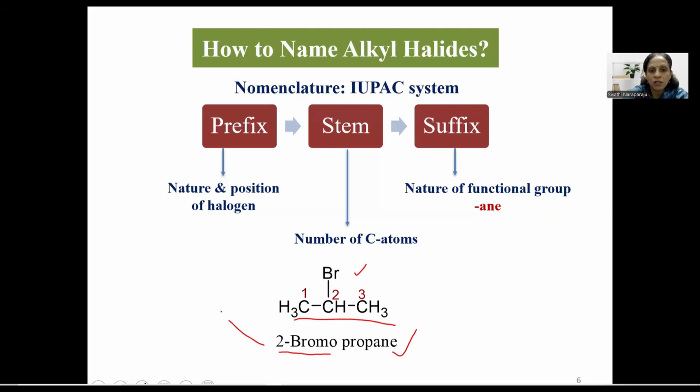The nature of halogen along with its position should be indicated in the prefix, followed by the stem, meaning the parent hydrocarbon contains 3 carbons, so we write it as prop, and it is a saturated chain, so the name should end with ane. So the name of this molecule becomes 2-bromopropane. This is how the IUPAC name of alkyl halides should follow the same form.